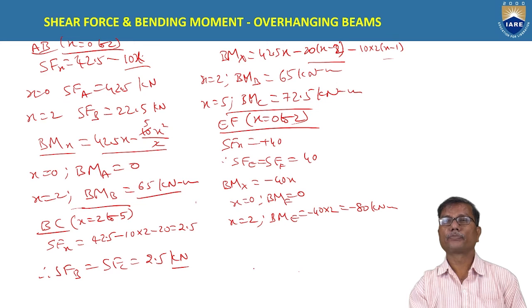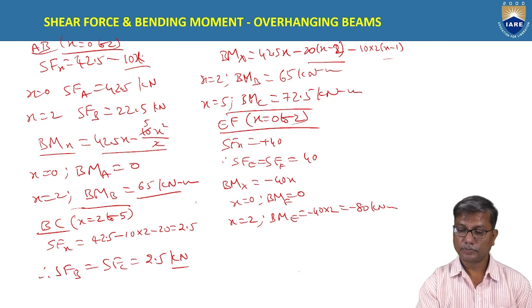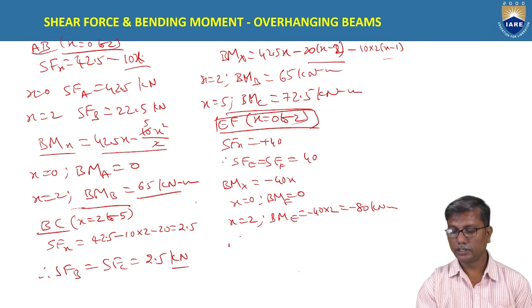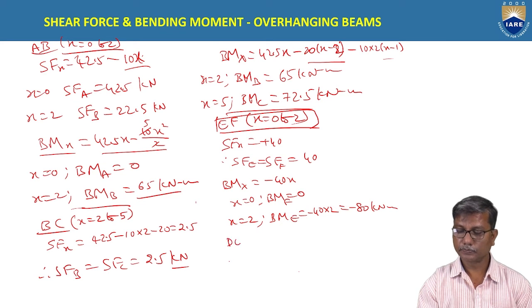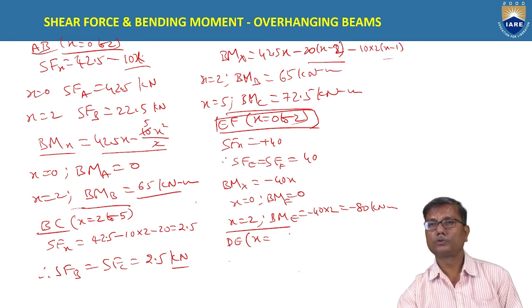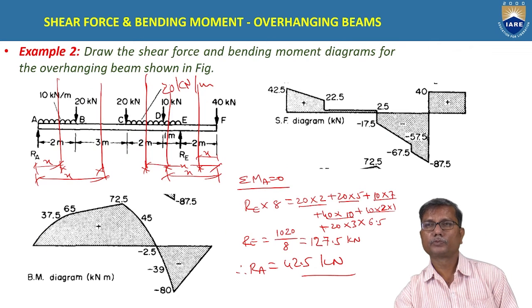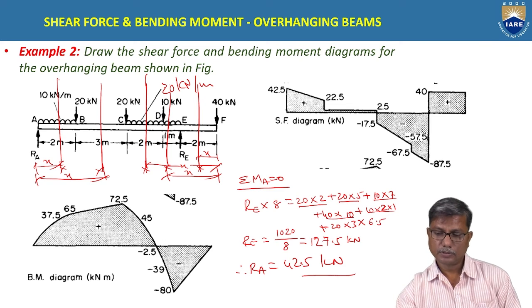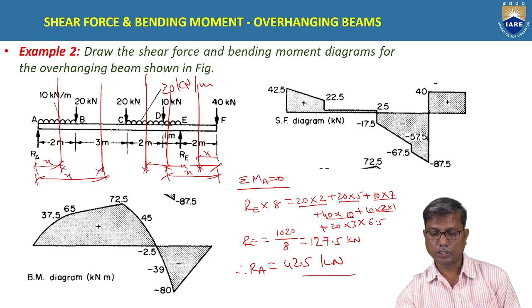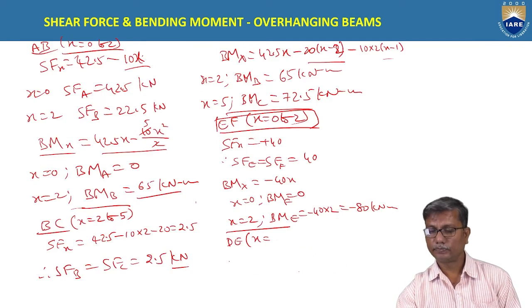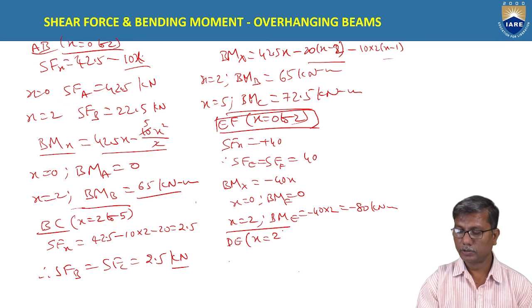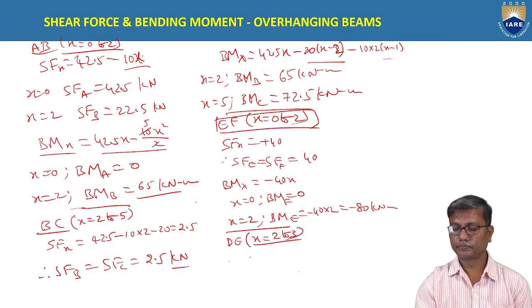Now you consider the portion DE. X varies from 2 to 3. For the section between DE, the limits for X are from 2 to 3.